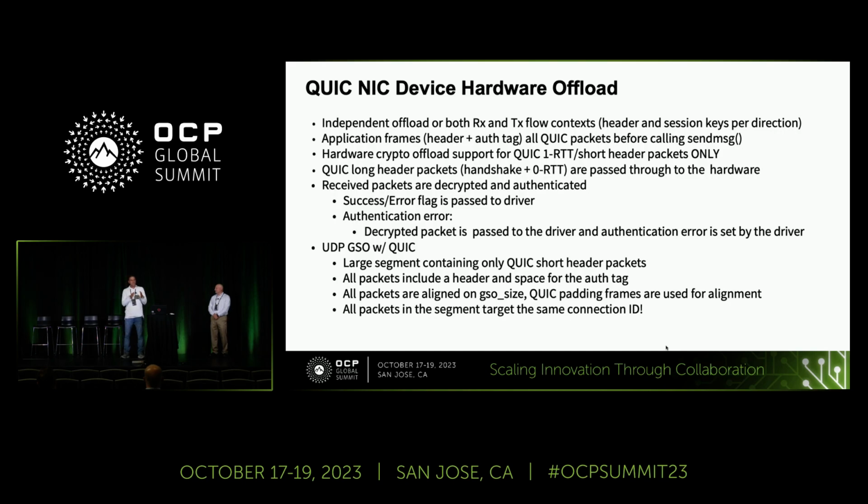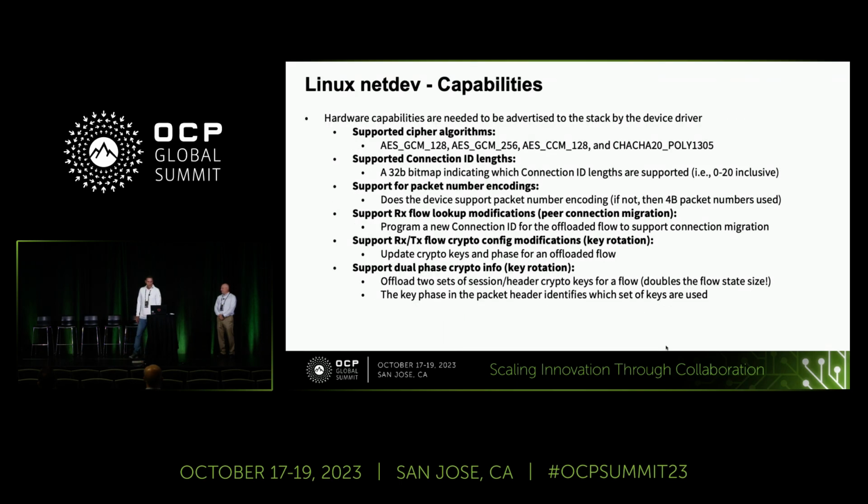If there were mixed connection IDs in the middle of the pipeline while the hardware was sending that, it would have to load a new crypto context for this one, and then a new one, and the hardware would be thrashing, your performance would tank, and that's no good. So we're imposing that limit as well, that every single packet in that segment has to target the same destination connection ID. Okay? So, capabilities, right?